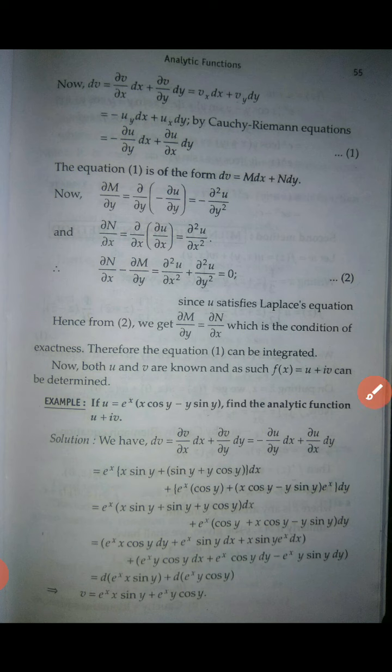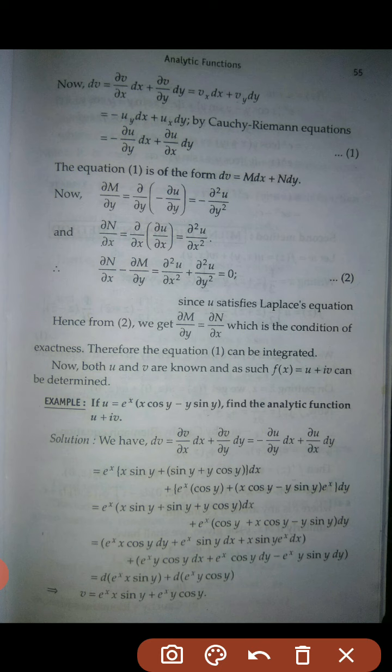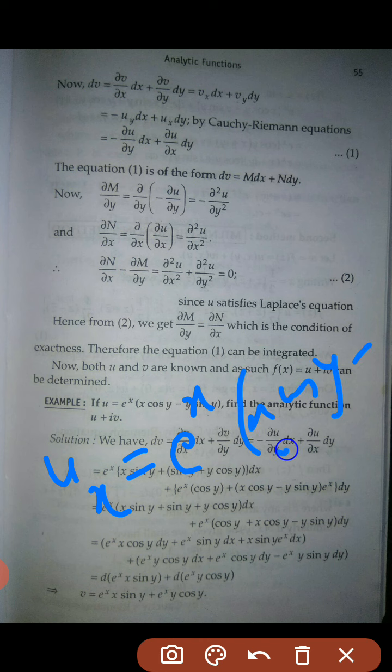Now plus sign. The next value is del u by del x. That means we have to differentiate with respect to x. Since u is this one, while differentiating with respect to x, u_x equals, now e to the power x. While differentiating e to the power x, we get e to the power x, and the same function we can write in the bracket: x cos y minus y sin y.